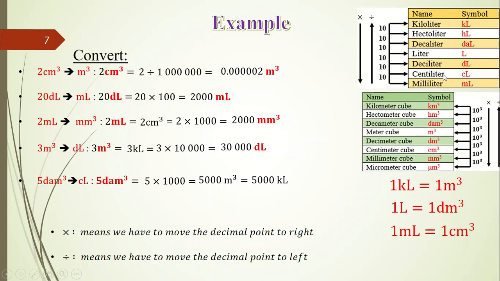Kiloliter to centiliter, I am going downward, so I have to multiply by what? I have to count the number of zeros. So here I have 1, 2, 3, 4, and 5 zeros. Okay, so I have to multiply by 100,000. 5,000 times 100,000 gives me 500 million centiliter.